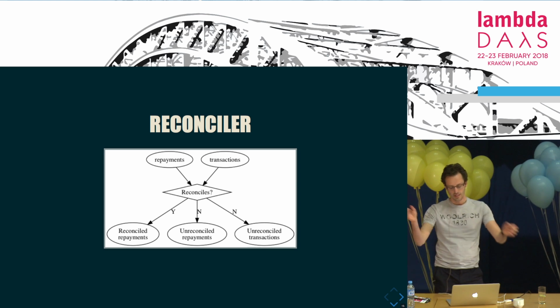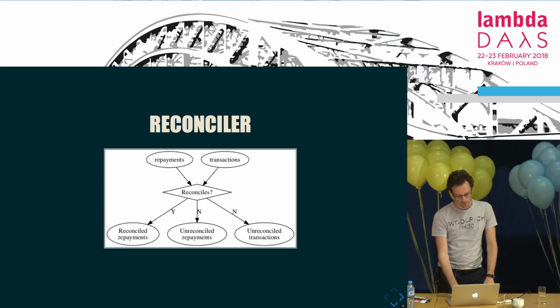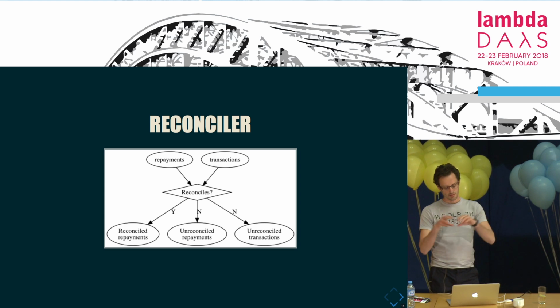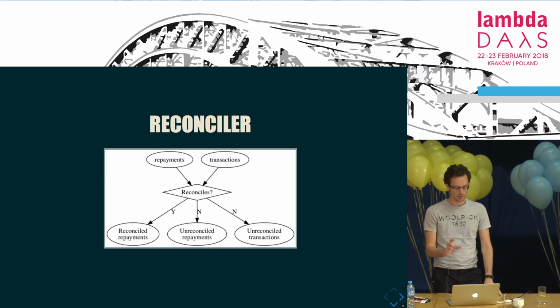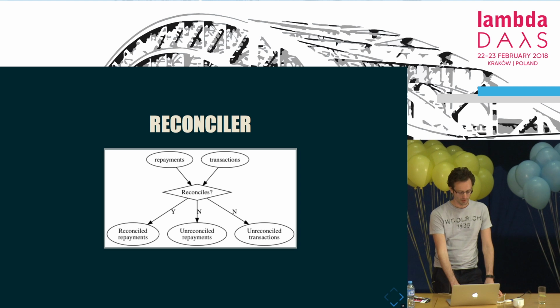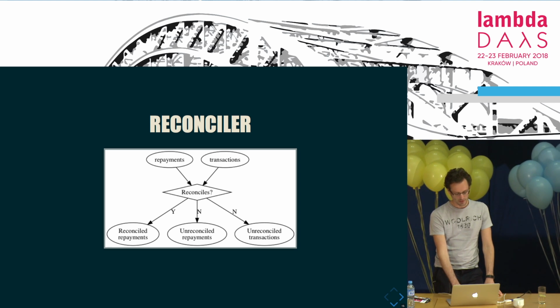So one comes from one topic and the other one comes from another topic, and then you want to know if these things reconcile. To reconcile they have to be the same amount, and the dates have to be compatible in the right way, and then some other rules potentially, but these are the two simplest ones. When they reconcile, you output here on the left into the reconciled repayments.